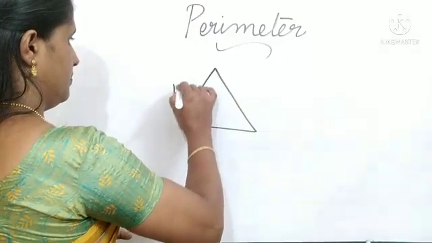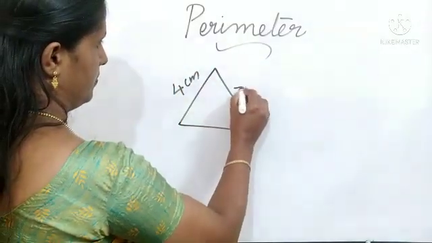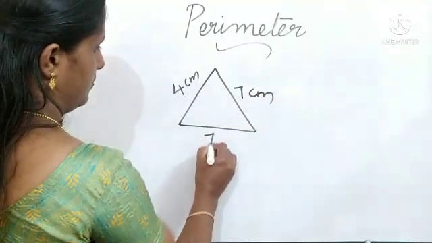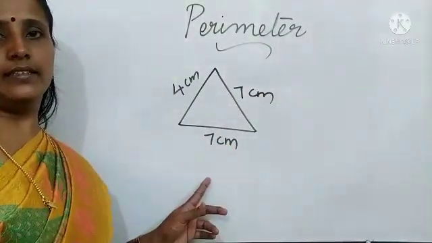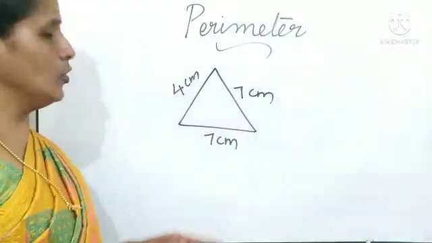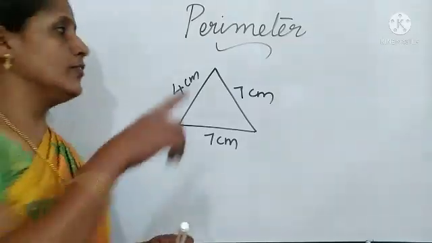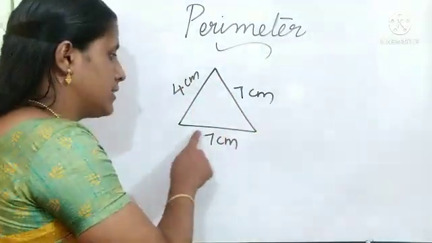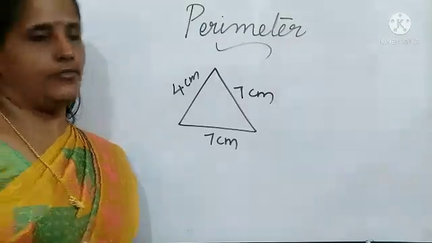The measurement I'll put here. So how can we find out the perimeter of a given triangle? We add each side's measurement, and we get the perimeter of the given figure.